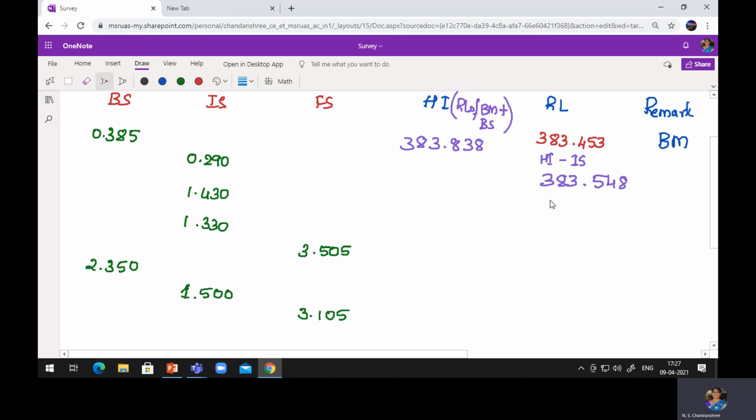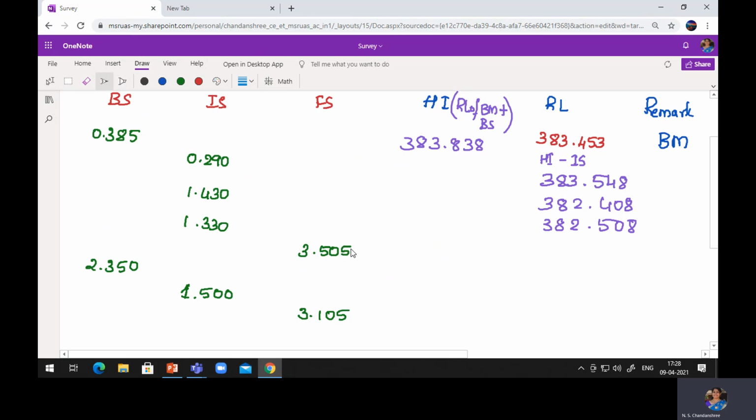So that is 382.408. For the next point, again height of the instrument 383.838 minus intermediate sight 1.330. So this is 382.508. So till here it is calculated.